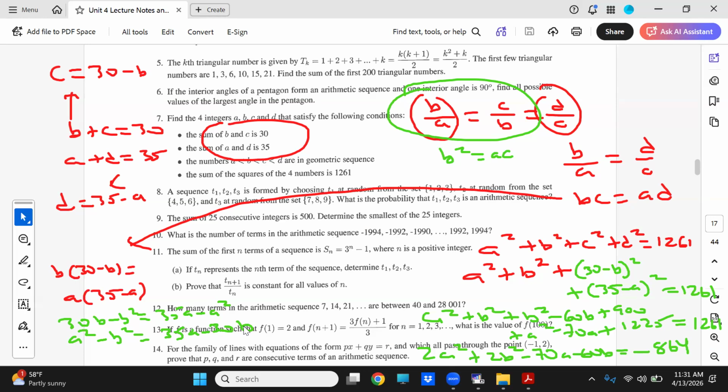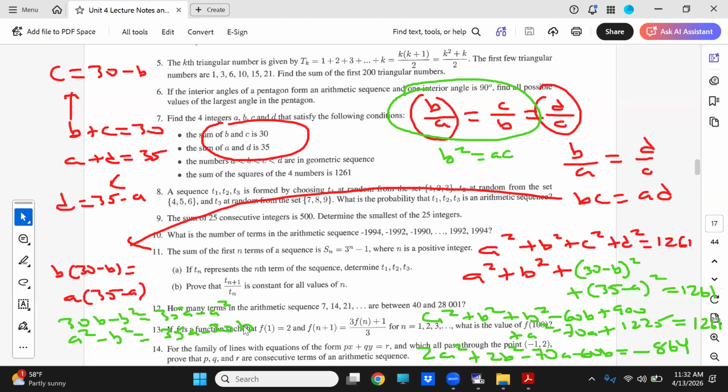Okay, I've got this. I'm going to have to do this on the board. I know I'm recording this. If I multiply the equation from the left corner by 2 and combine it, I think I'll get one of these letters to cancel. So A squared minus 35A minus B squared plus 30B equals 0.